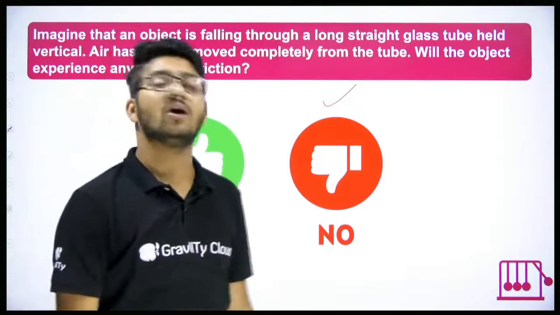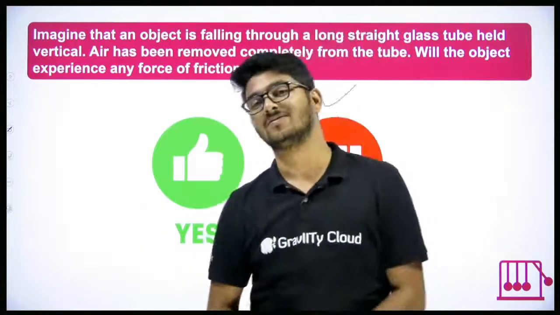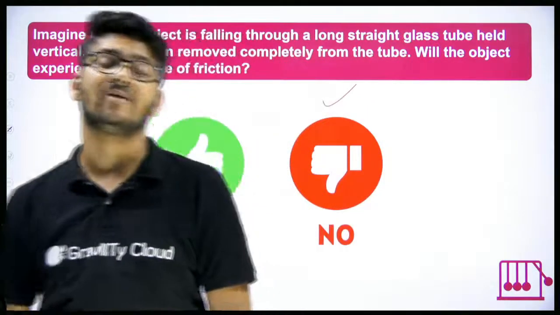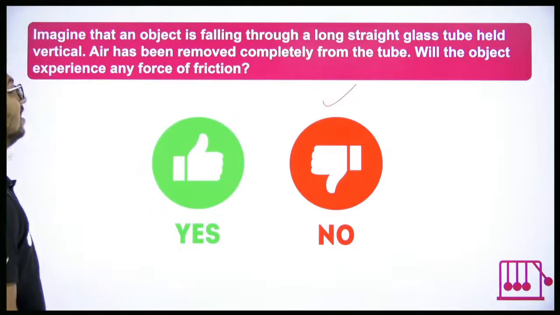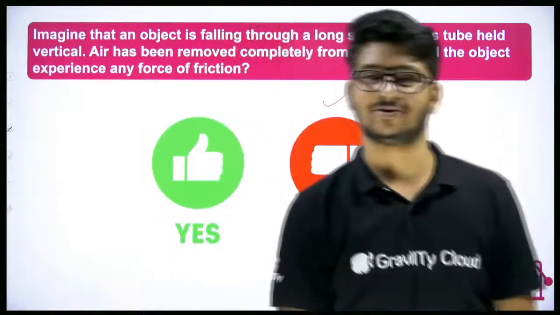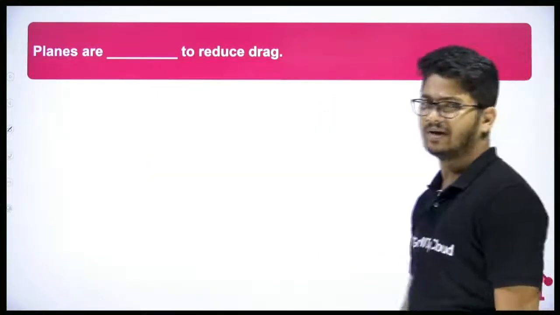If the object is not touching anything, who will apply friction? No one will. That means in this case there will be no friction. And remember, friction is a contact force. Good? Okay, next question. A very simple one again.